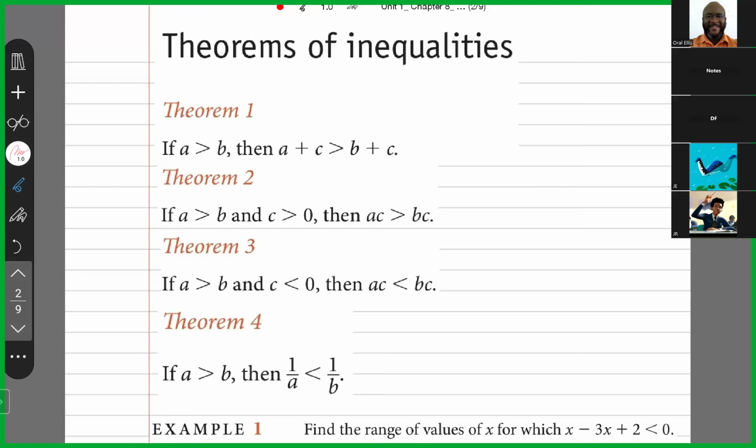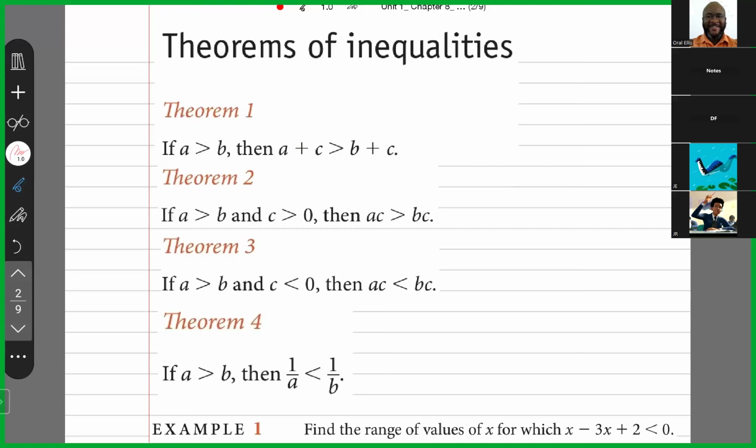All right. Now, with the theorems in mind, theorem 1, which says if you add the same number to both sides of an inequality, the inequality will remain the same. If you multiply both sides of an inequality by a positive number, the inequality will not change. The sign will remain the same.